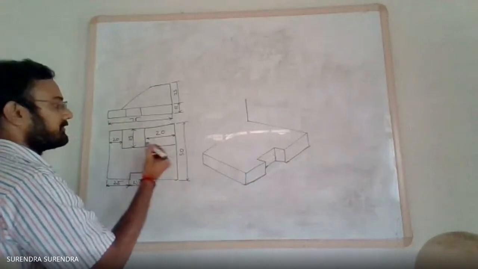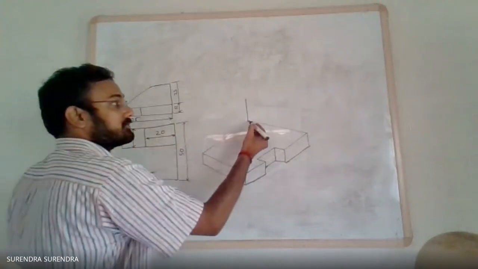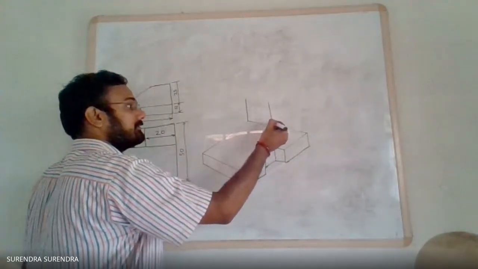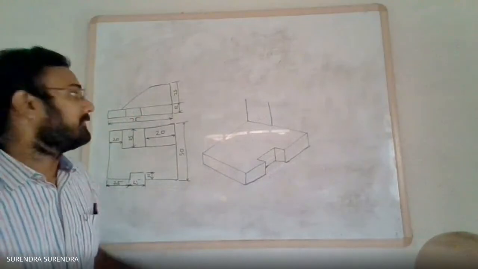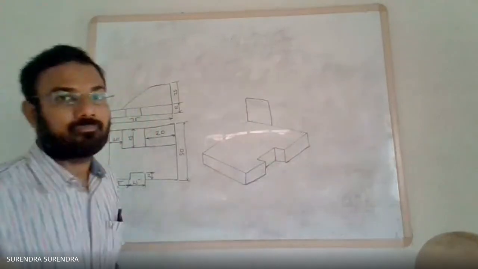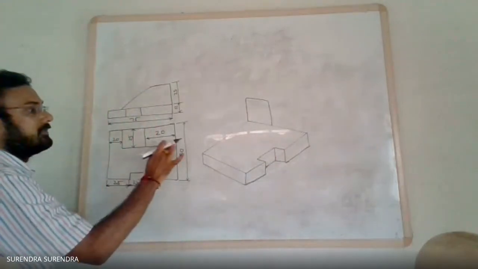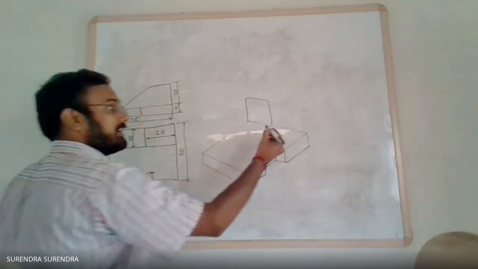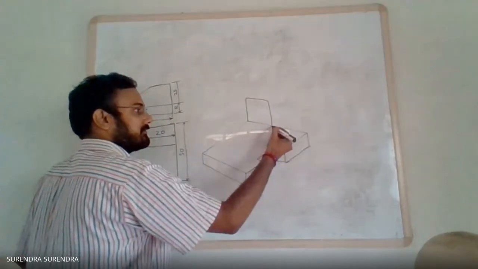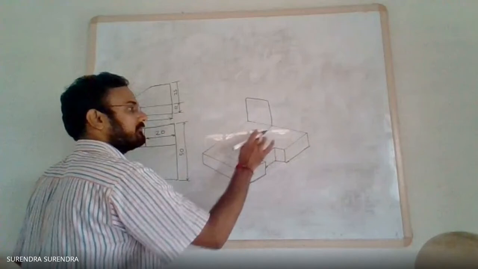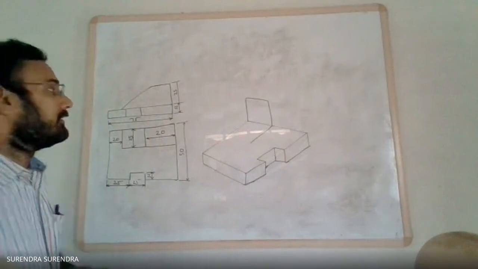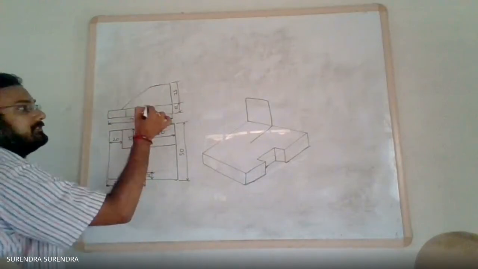Now, what is this width? 25. So from here, at a distance of 25 mm, draw one more vertical line for 25 mm. Now, total width 20 mm, so from here draw a 20 mm long line, and it is the same height.